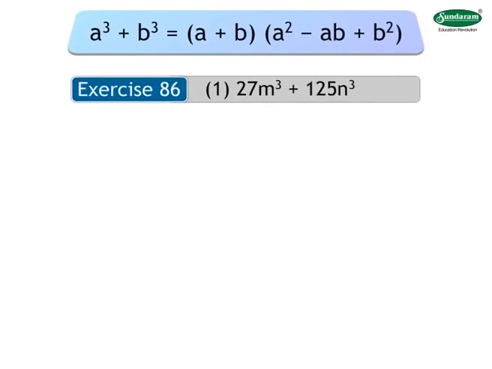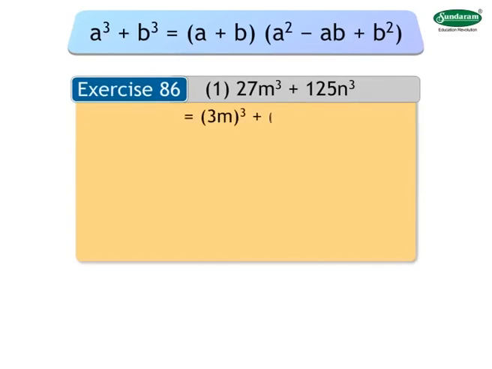1. 27m cube plus 125n cube. As you know, the cube root of 27 is 3 and that of 125 is 5. Thus we can say that 27m cube plus 125n cube is 3m the whole cube plus 5n the whole cube.